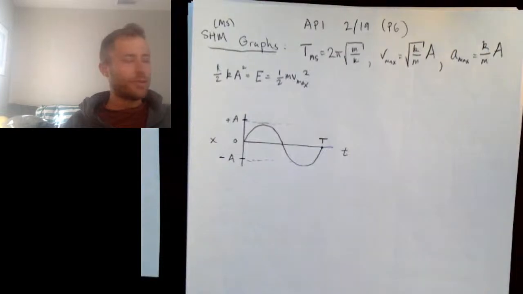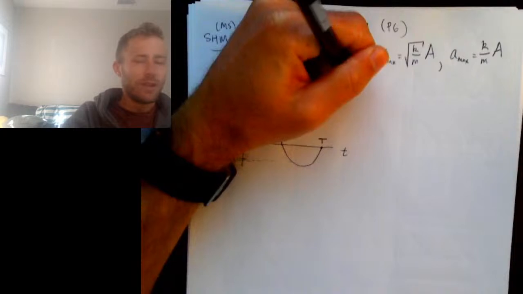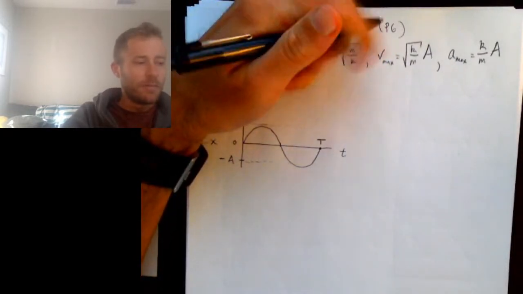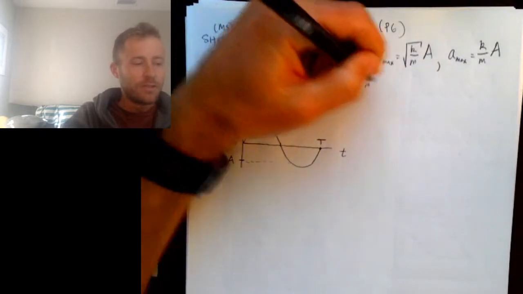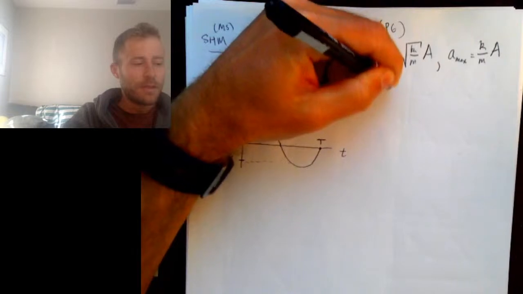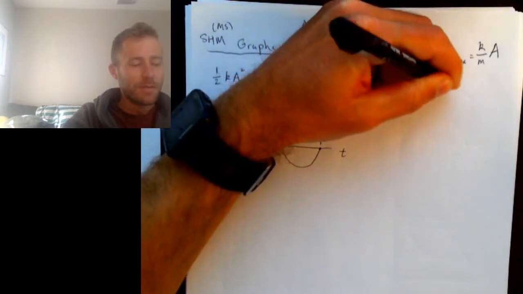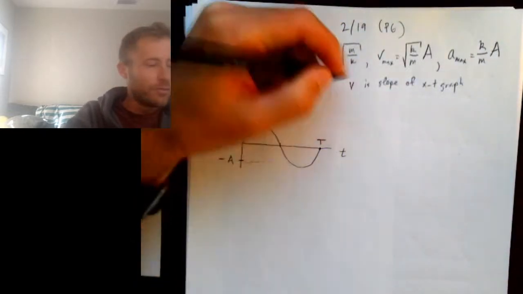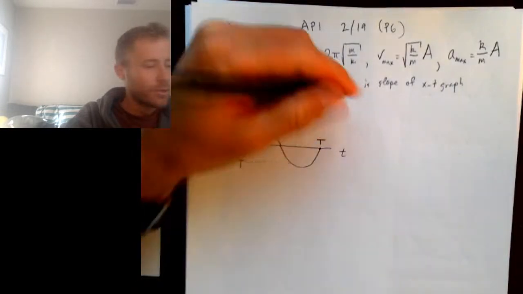These are relatively new equations, and I just want to remind you guys that the velocity is the slope of the position time graph. These are some factoids from way back in the beginning of the school year.